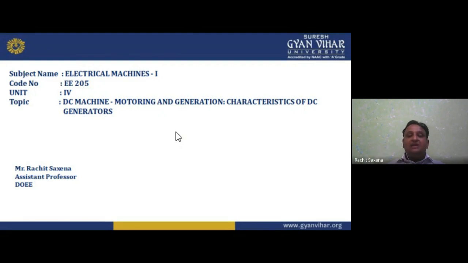For this I need a component that is known as the commutator. So the commutator is a very important part in a DC machine. In the commutator, we apply the process of commutation, basically the reversing of the current.